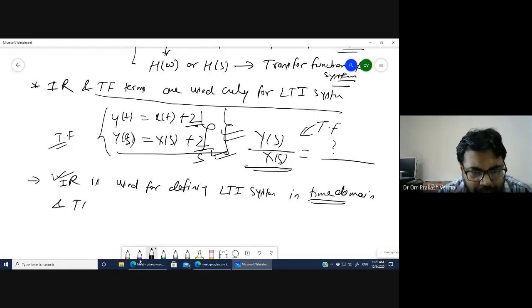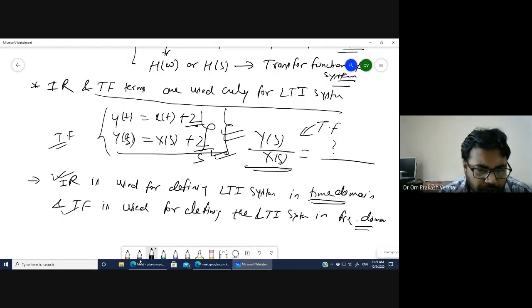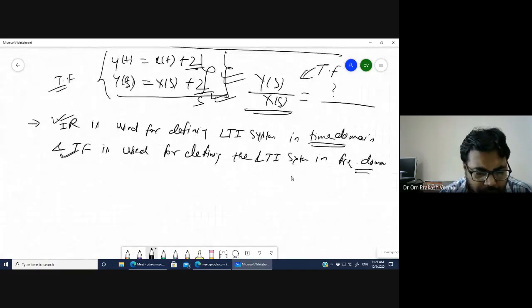However, the transfer function is used for defining the LTI system in the frequency domain. If you want to analyze the system in the frequency domain, then the transfer function is perfect. It is the easiest tool for analyzing the LTI system in the frequency domain.